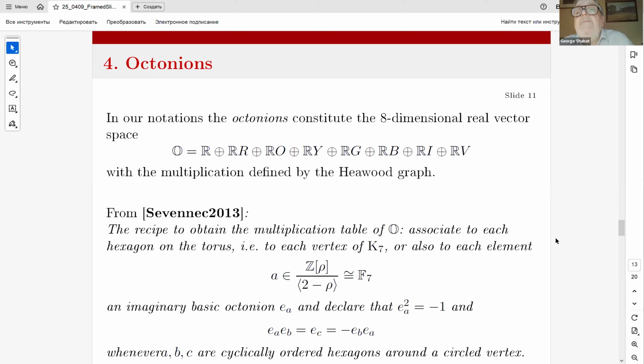Well, maybe try to somehow visualize the space of octonions. So our colors are the analogs of the imaginary dimension in the complex numbers, i, and the three imaginary dimensions in the quaternions, traditionally, since the time of Hamilton, denoted by i, j, k.